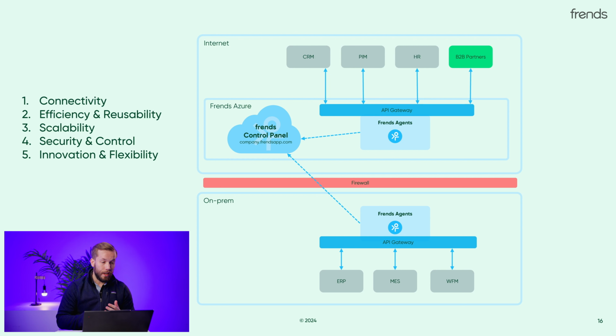We get efficiency and reusability when we're using APIs with Frends. We get the scalability as long as we choose proper Frends agents there, like with Kubernetes cluster and high availability setup. And then of course, security and control. We need to configure those to the Frends APIs, but out of the box features working just fine.